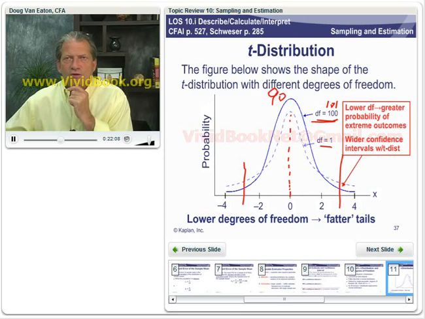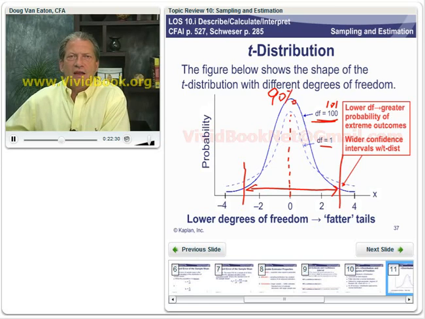And I've got degrees of freedom equal to 100. So I've got 90% of the distribution between here and here. And so what does that leave? If that's 90%, I've got 5% in this tail and 5% in this tail over here.